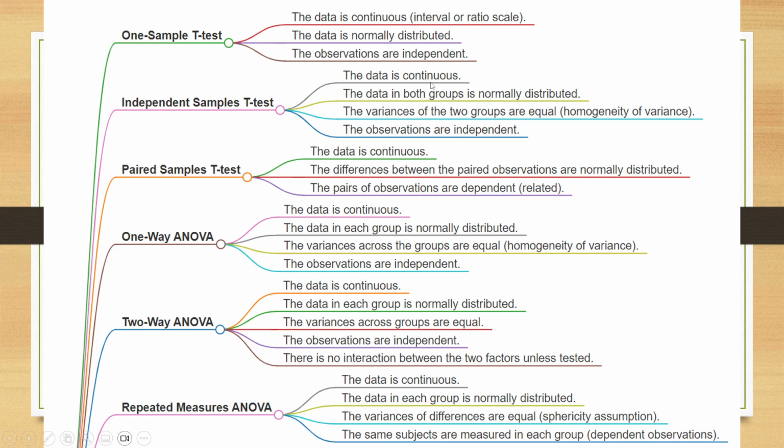It should all be continuous. Our data should be normally distributed, with equal variance, the same subject for repeated measure, and no interaction between the two factors unless tested. More or less all our data should be normally distributed.